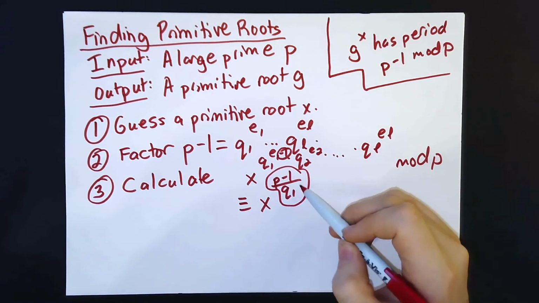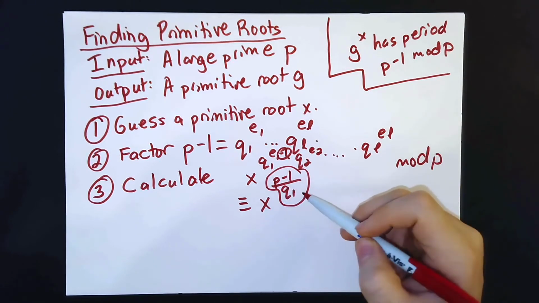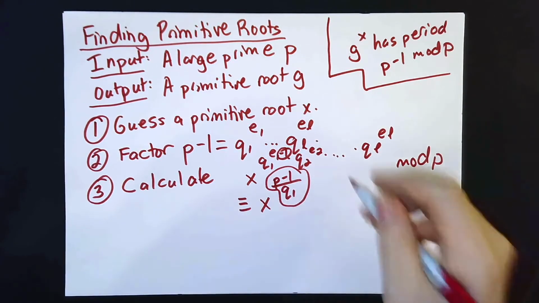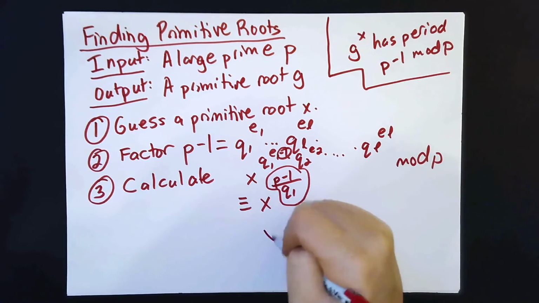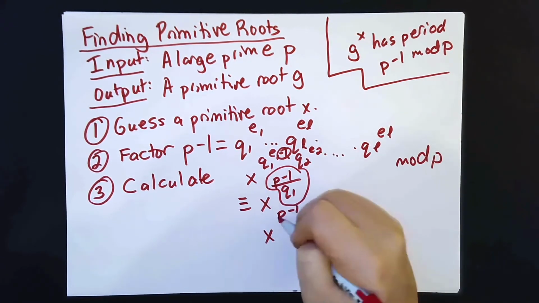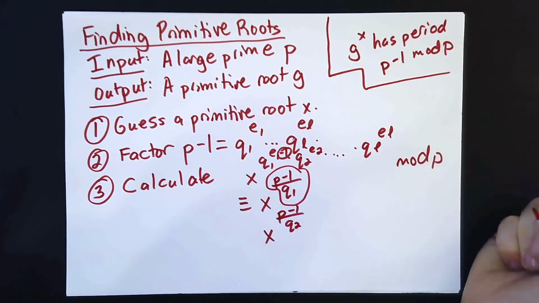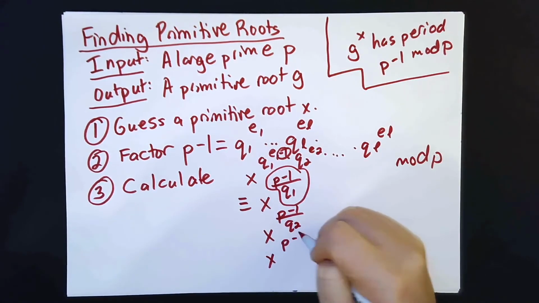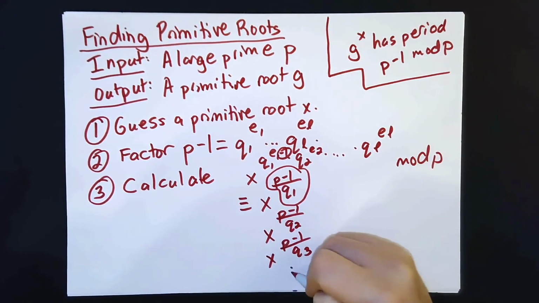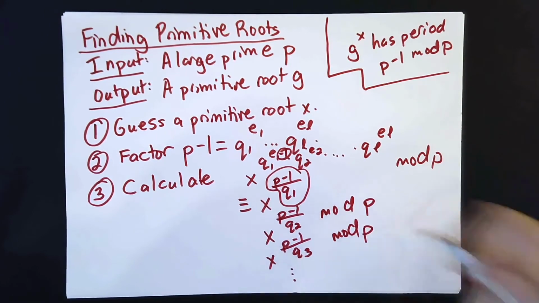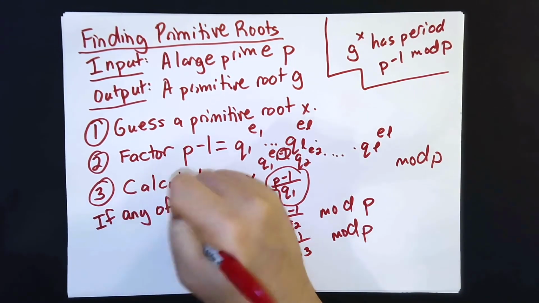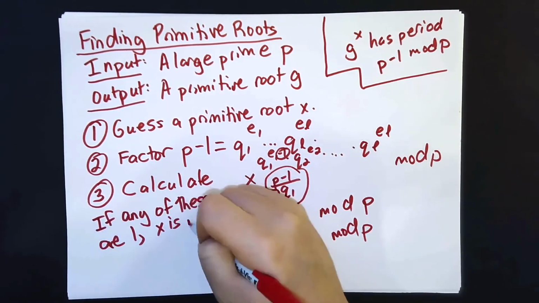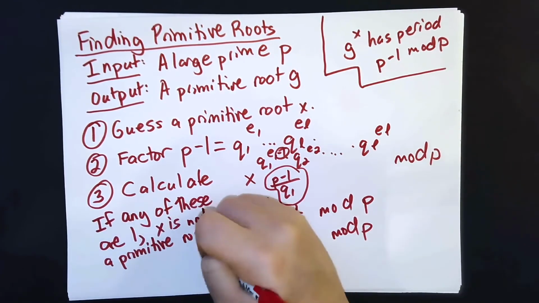And the reason for that is if this number is not an integer, then this doesn't mean anything. So I need to calculate that. And I'm also going to calculate that, which is an integer for the same reason. And that. All of these mod p. So if any of these are 1, then x is not a primitive root.